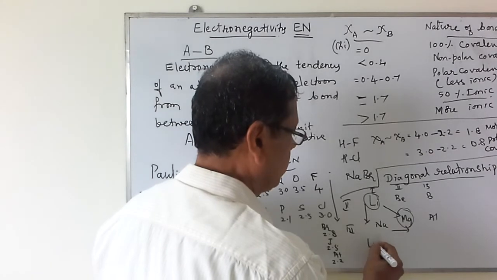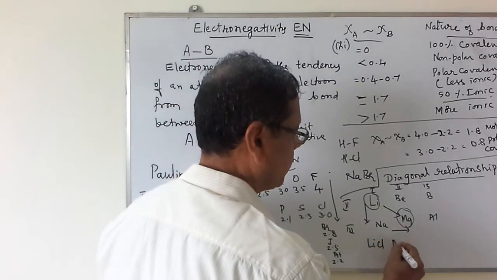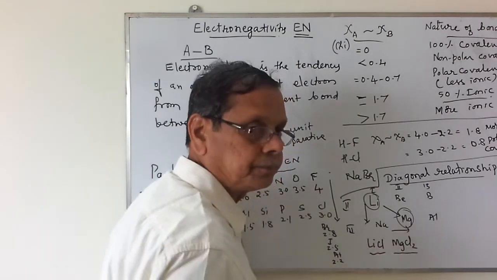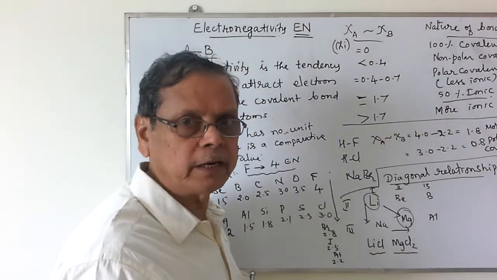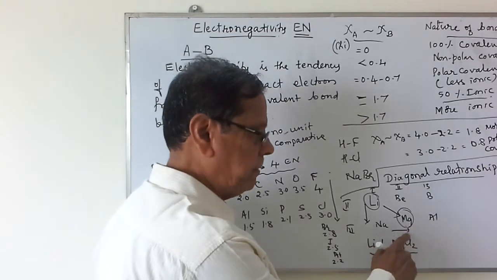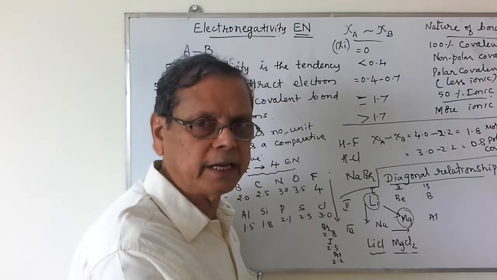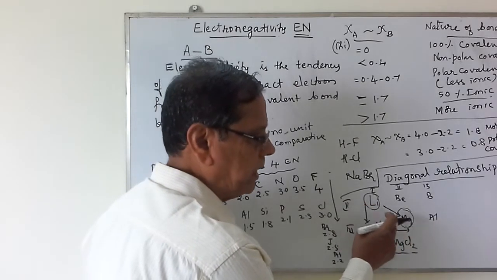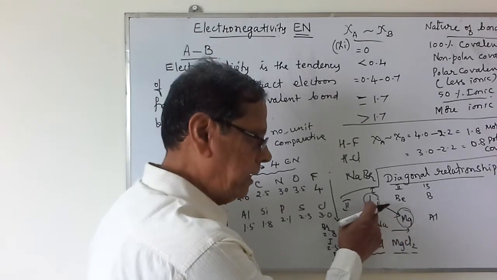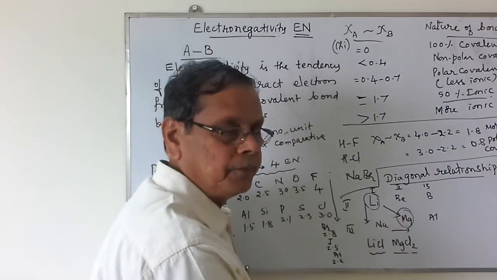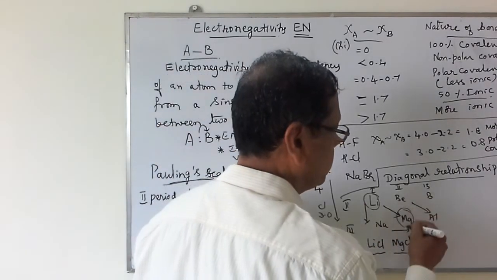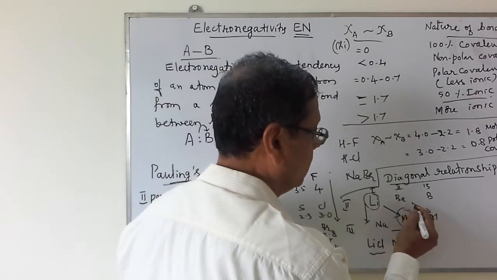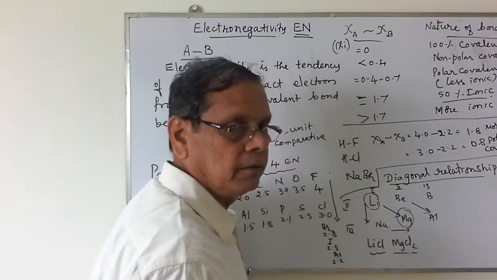For example, lithium chloride and magnesium chloride are almost covalent. The bond is a covalent bond. Even though magnesium is a metal, its chloride behaves like a covalent molecule. It is because lithium and magnesium are diagonally related and their properties are almost identical. Similarly, beryllium and aluminium are diagonally related, therefore they have similar chemical properties.